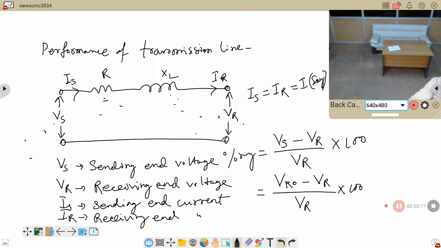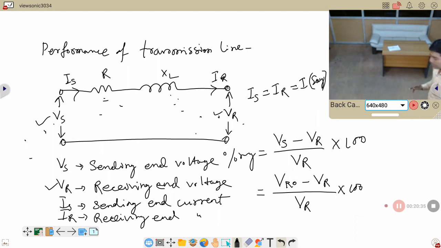How to get the efficiency from here? If I know Vs is the sending end voltage, VR is the receiving end voltage, can you identify from here the input power and output power respectively? What is the basic efficiency?